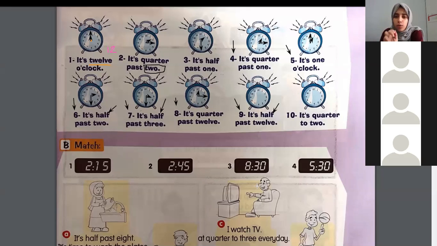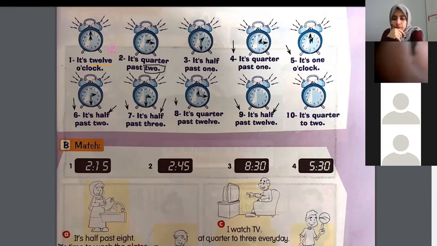Where should I put the long hand if it says half? Half. Half an hour. Where should I put the long hand? Malik, I'm asking you. Okay, what, teacher? Where should I put the long hand? The long hand of the clock.